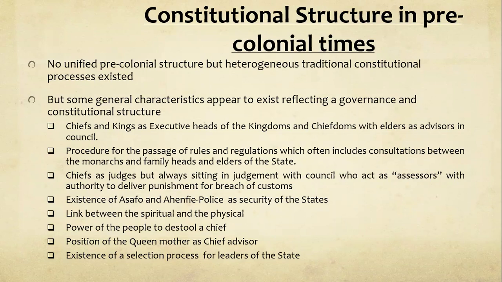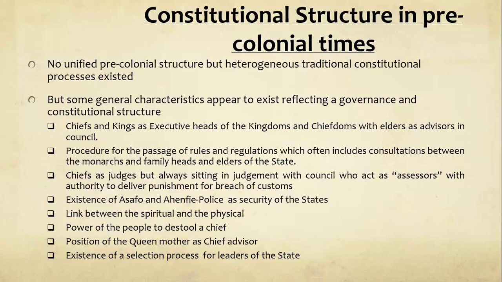So first, chiefs and kings served as executive heads of the kingdoms and the chiefdoms, with the elders as advisors in council. So it was very common to go to the various traditional areas to see a chief who wielded what in modern constitutional parlance would be called executive authority.